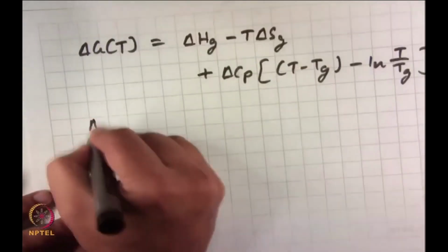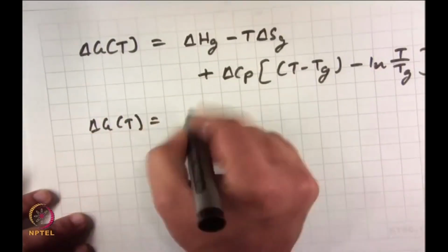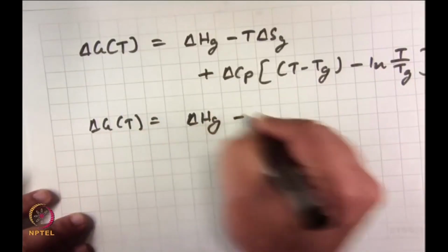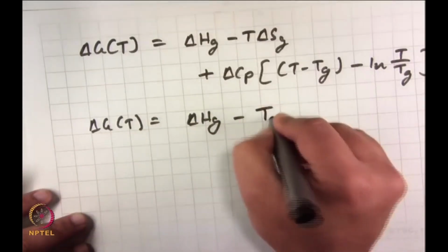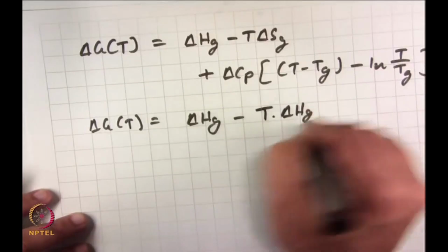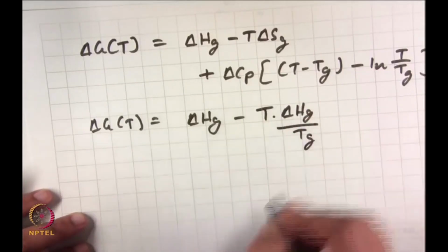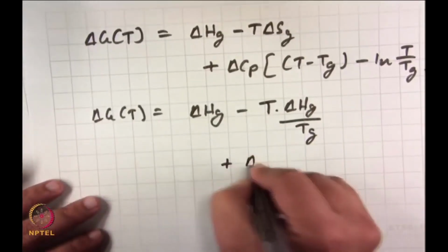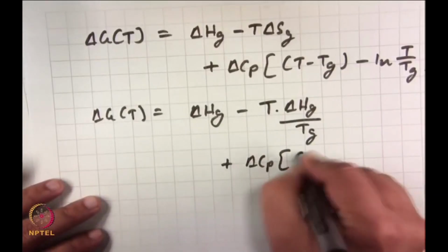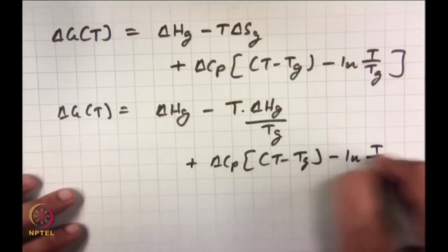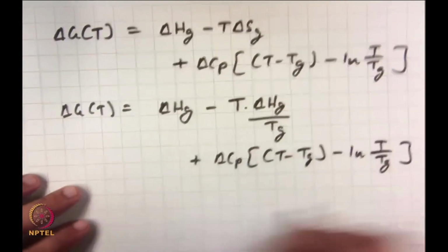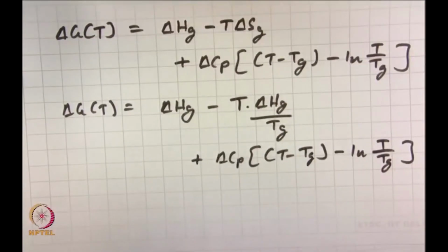So, therefore, delta G of T is equal to delta H at Tg minus T times delta H at Tg over Tg, plus delta Cp times (T minus Tg minus T ln T by Tg).